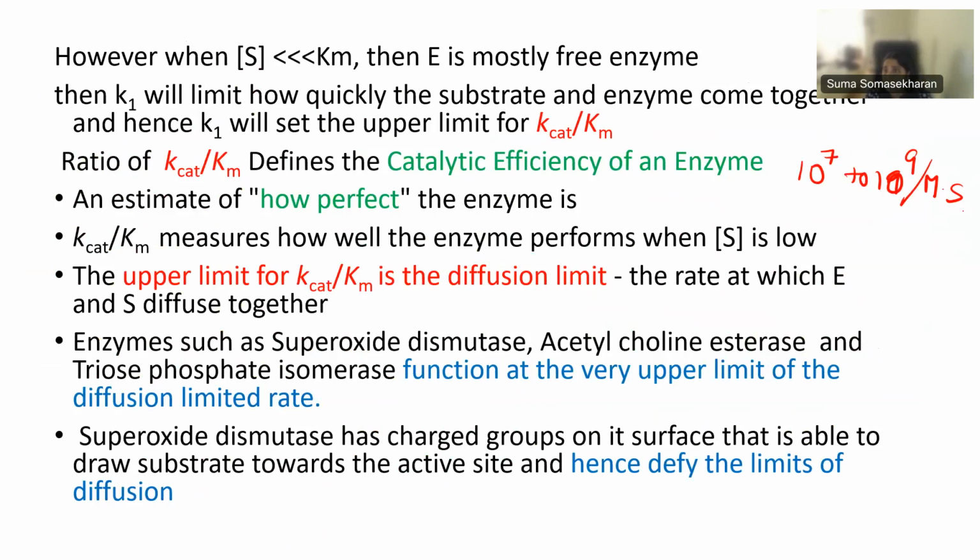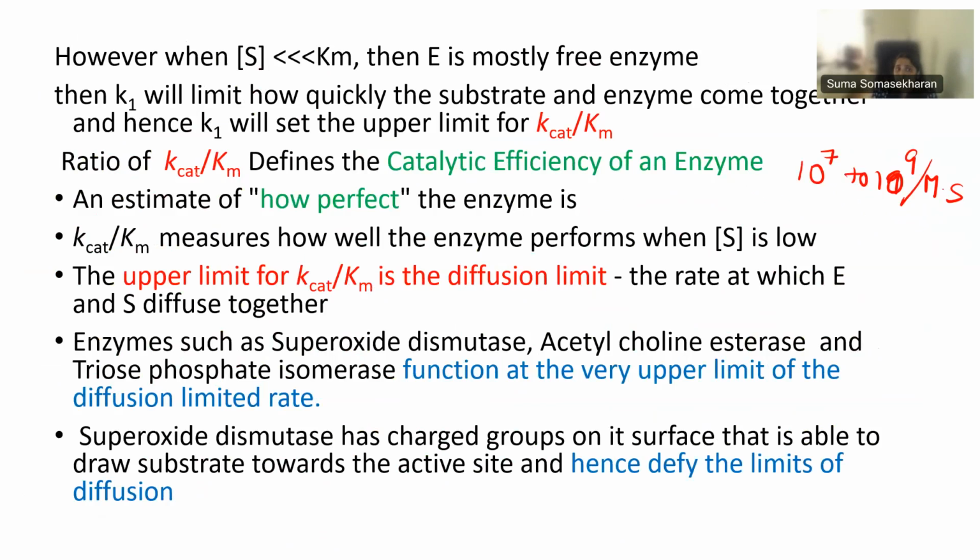So this is the upper limit that any enzyme can attain for Kcat over Km. This 10 to the power 7 to 10 to the power 9 per molar second is defined by that diffusion limited rate, and therefore enzymes which actually attain these values, in the range of 10 to the power 7 to 10 to the power 9 per molar second, we say are catalytically perfect enzymes.